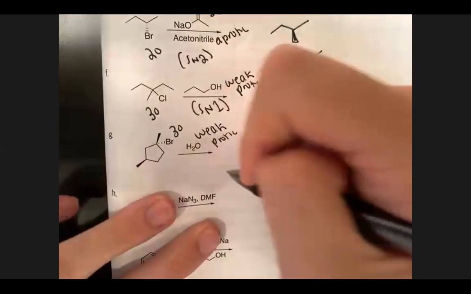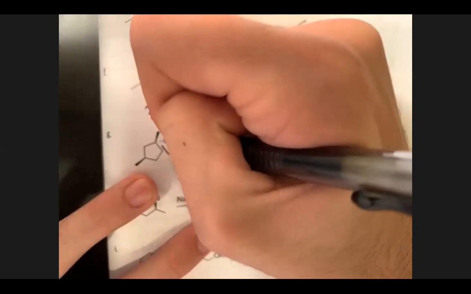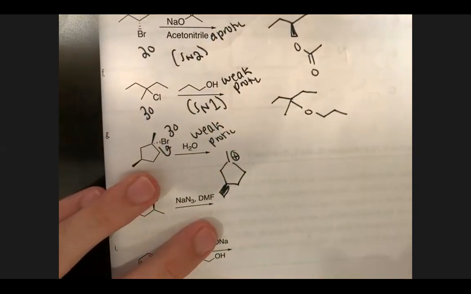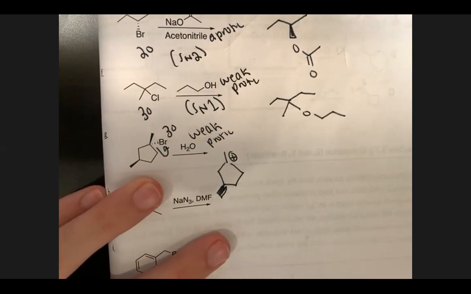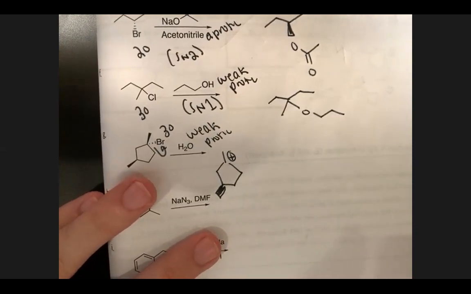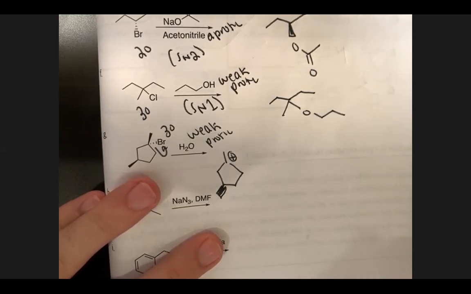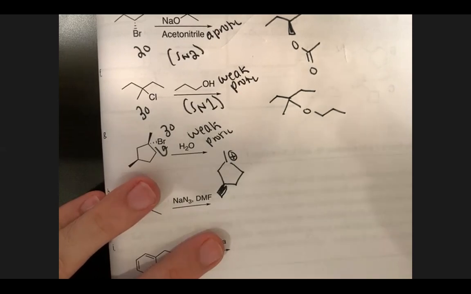Okay, so a consequence is you lose the stereochemistry that you had in your starting material. So why is that in this situation? Look, when that bromide leaves, you get this carbocation at that tertiary position. That carbocation, remember, is planar, sp2 hybridized, 120 degrees with an unhybridized p orbital. So now water could have attacked at the top face of that p orbital or the back face. So we get a mixture of these diastereomers.